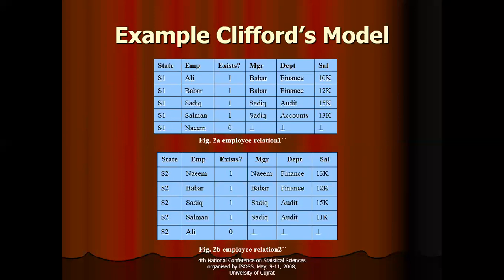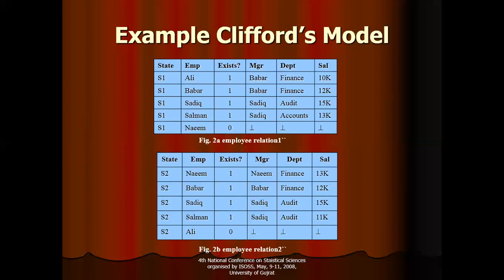In this scenario, he tried to manage all those relations in terms of states, and also you can see another attribute, exist, whether it exists or not. You can see that in the second state, Ali does not exist, and there is a null value in the manager, in the department, and in the salary. Maybe Ali was there in state one, but now Ali is not there. So you can see the values have changed.